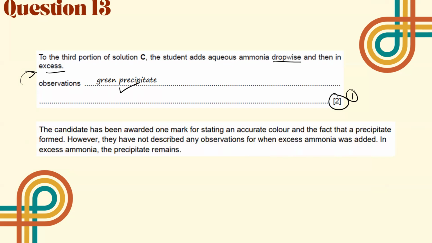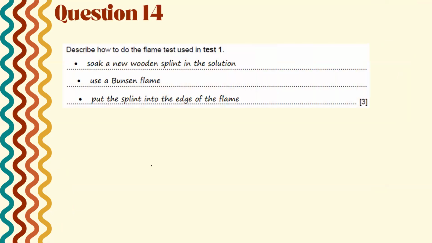The candidate has been awarded 1 mark for stating an accurate color and the fact that a precipitate formed. However, they have not described any observations for when excess ammonia was added. So when excess ammonia is added, will it dissolve or will it not dissolve? You have to mention that also. Again, it's written in the data sheet. You can consult it. So you have to be really careful in reading the data sheet and read it accurately.